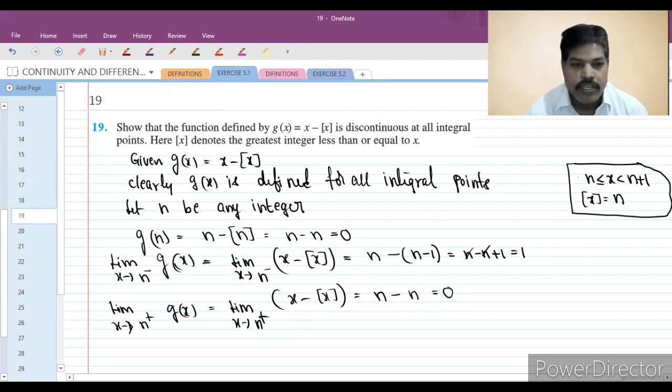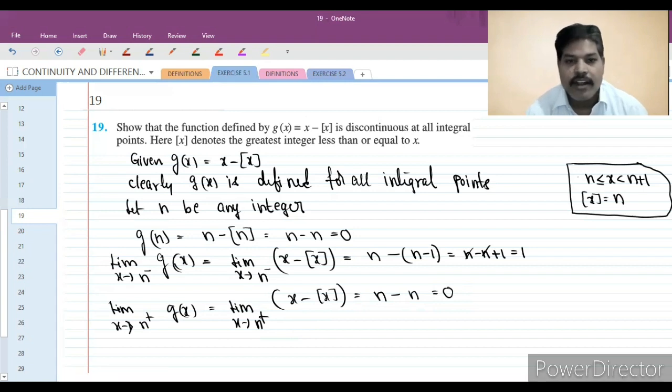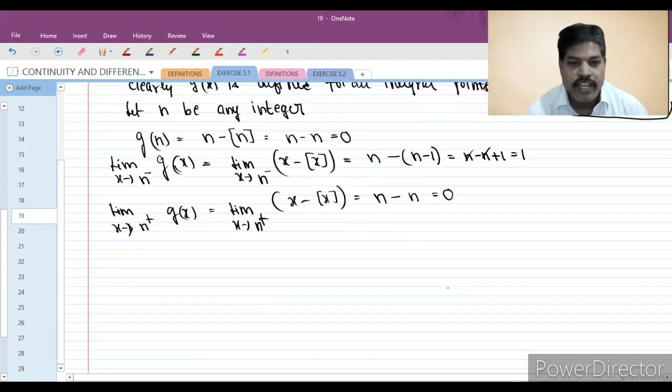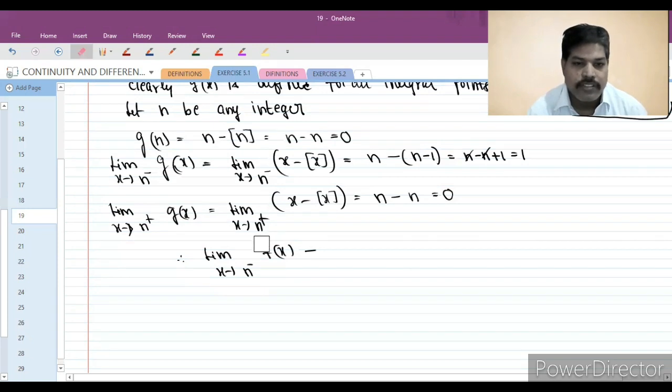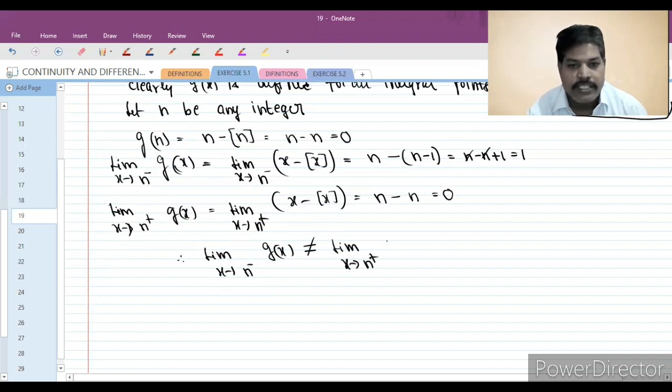So what I observed is that the left hand limit and the right hand limit do not coincide. Therefore the limit as x extends to n minus of g of x is not equal to the limit as x extends to n plus of g of x.